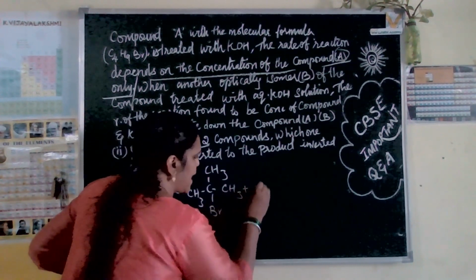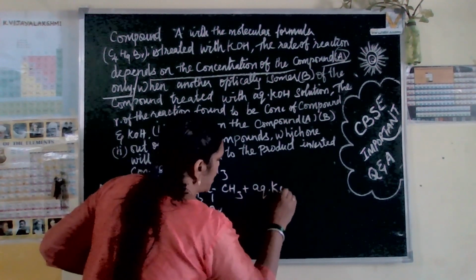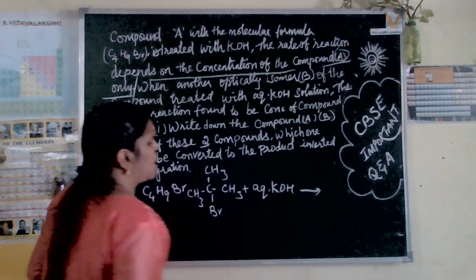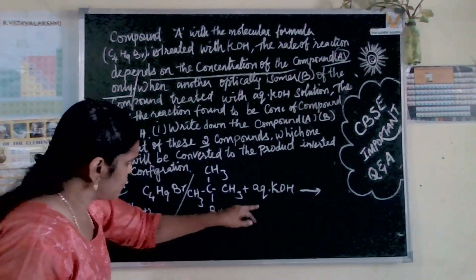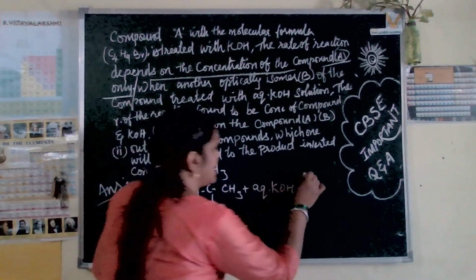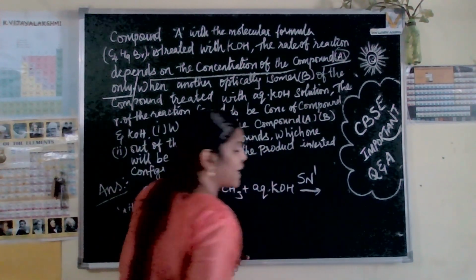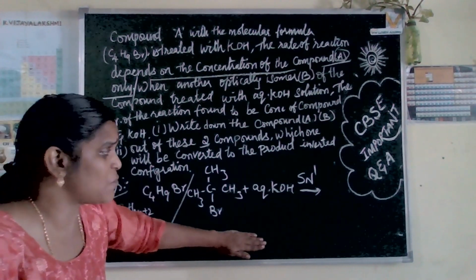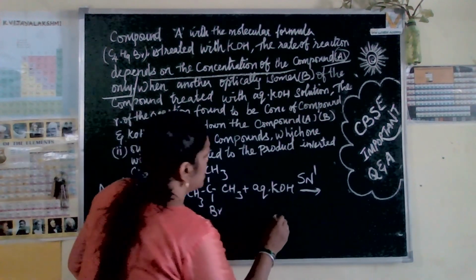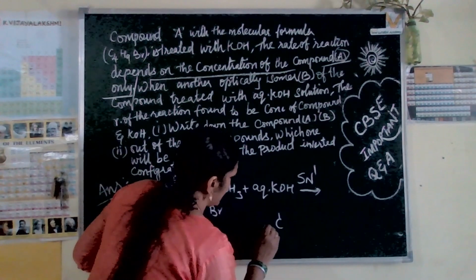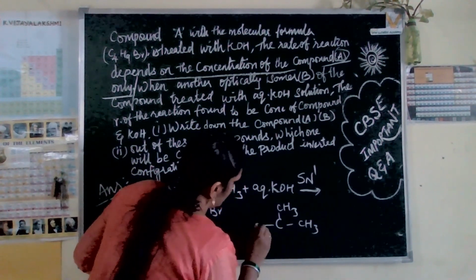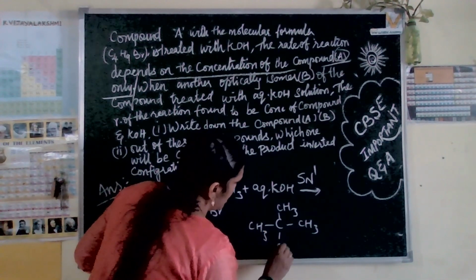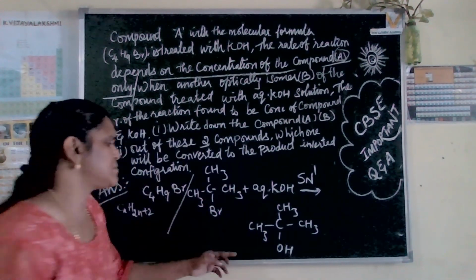Okay, now it reacts with aqueous KOH. When this kind of reaction takes place, this is the SN1 mechanism. 100% it is the SN1 mechanism. So naturally, the answer is the same, but with CH3 here, CH3 here, and OH replacing Br.